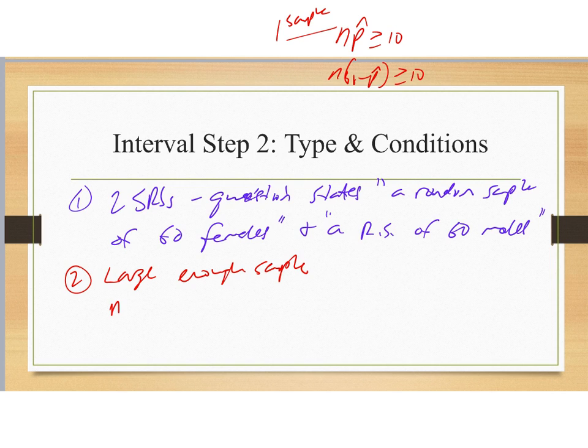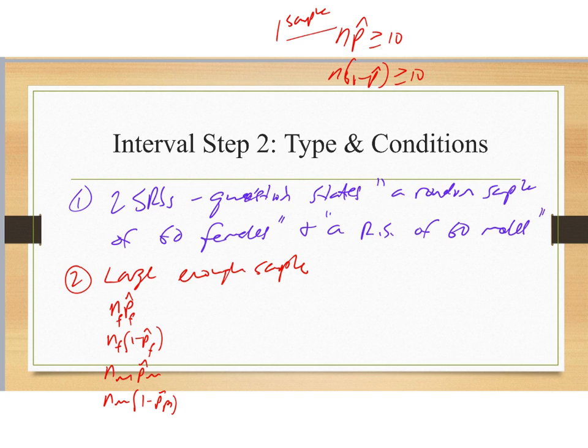So what we'd really be doing is n sub female times p hat sub female, n sub female times 1 minus p hat sub female, n sub male times p hat sub male, and n sub male times 1 minus p hat sub male.